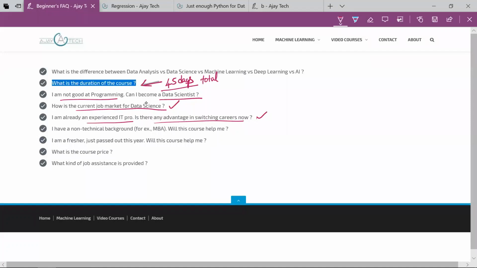So the advantage of switching careers, if you're able to do it efficiently, is that you don't have to leave your job. Stay put in your job, learn this, and then you can slowly get on to a career in data science.